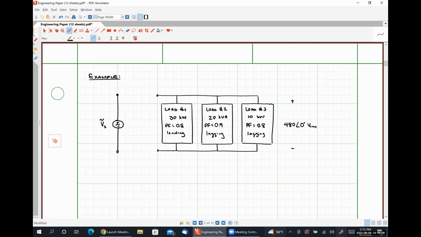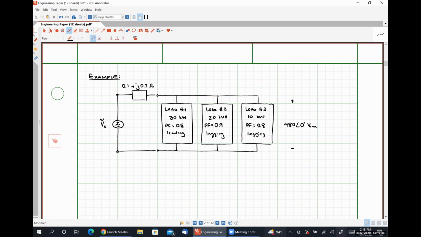And to make this a little bit more tricky, we are going to assume that the transmission lines, nothing more than a fancy word for wires, that connect our source to our 3 industrial loads in parallel, have some impedance that is given by 0.1 plus j0.2 ohms.